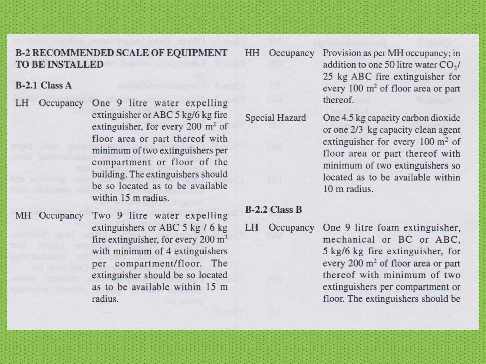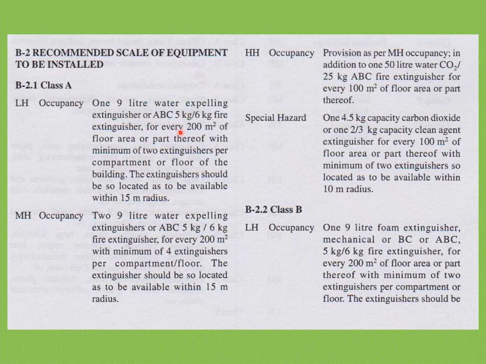This chart and further 3 or 4 more charts show the recommended scale of equipment to be installed. Class A fire: lower hazard occupancy, medium hazard occupancy, and high hazard and special. For these four different hazard classes under class A fire, this type of extinguisher needs to be provided.